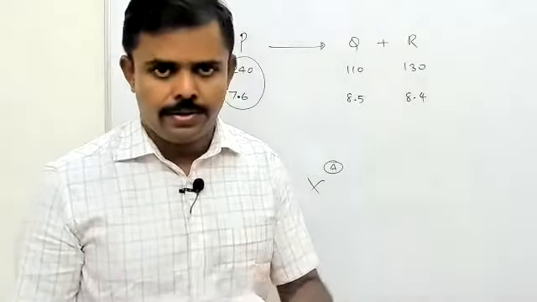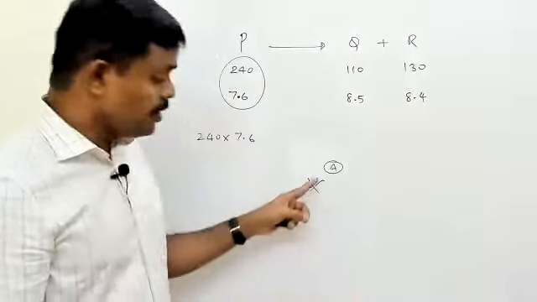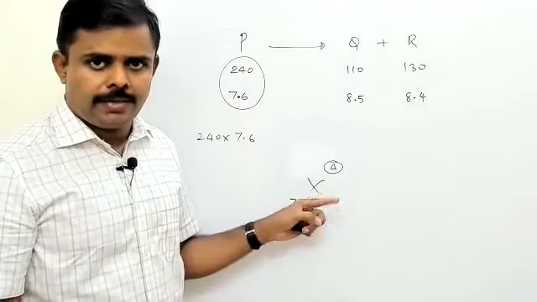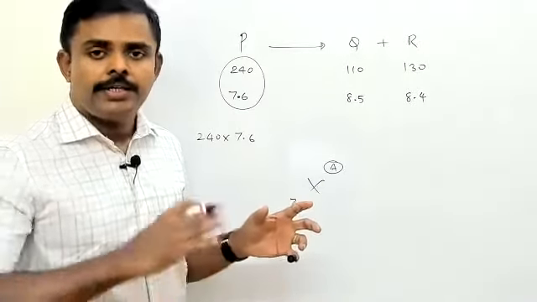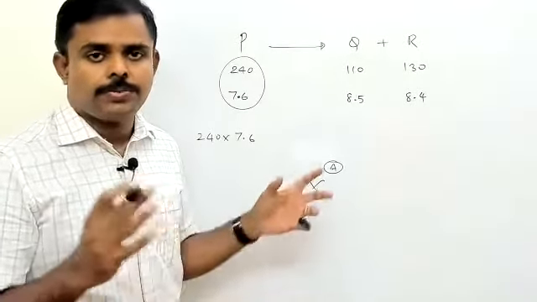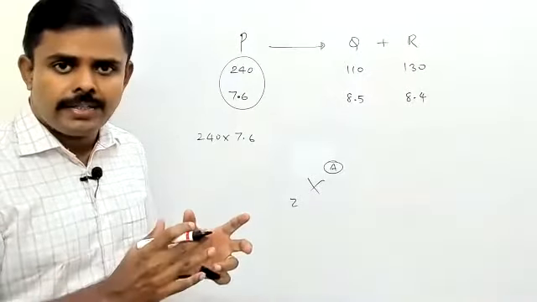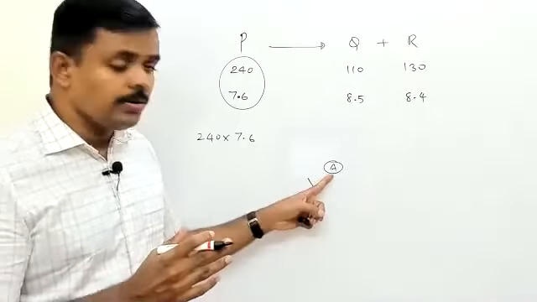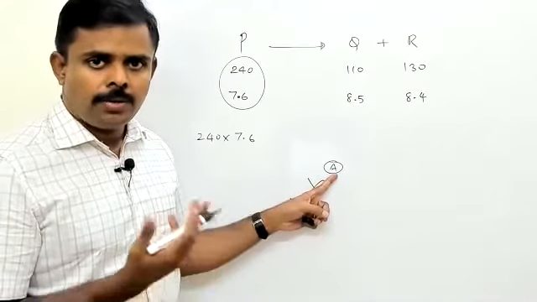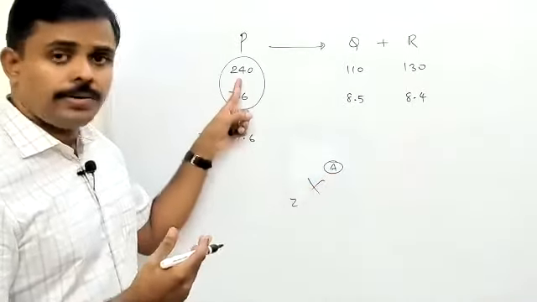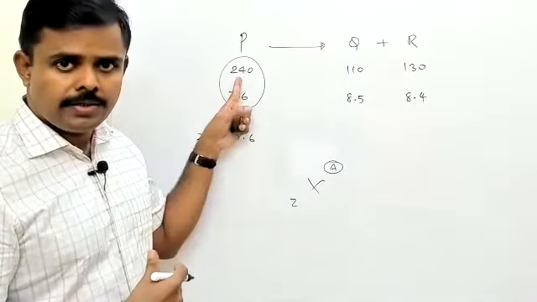Protons are inside the nucleus, neutrons are also inside the nucleus, so protons and neutrons together are called nucleons. This is nucleon number A. Understood? So how many nucleons are there? 240 nucleons, protons and neutrons together. 240.